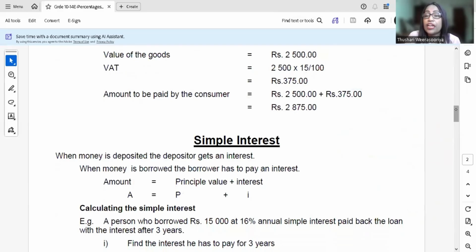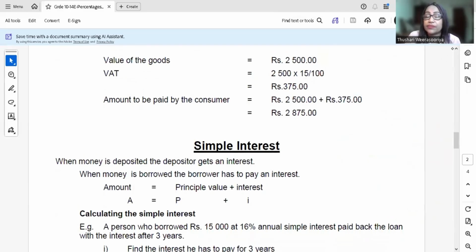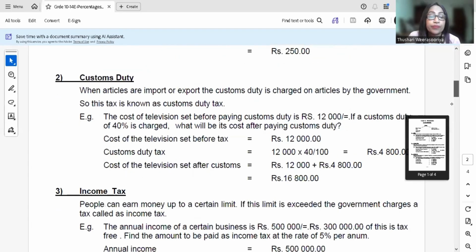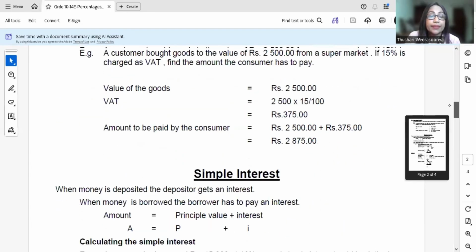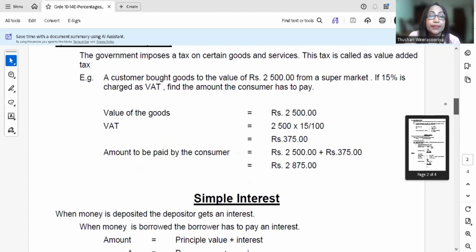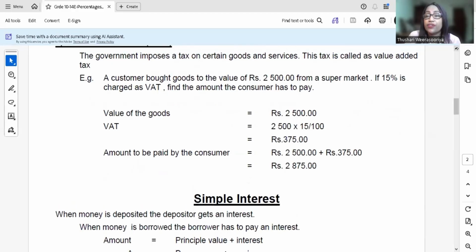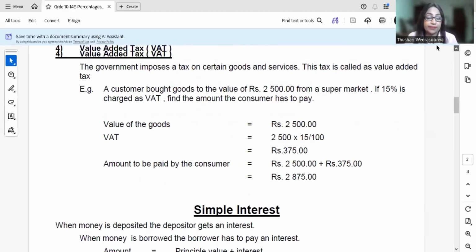Next one is value-added tax. In shortened form, this is called VAT. VAT is added for goods and services.